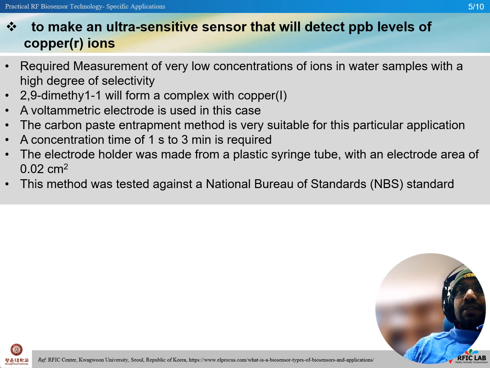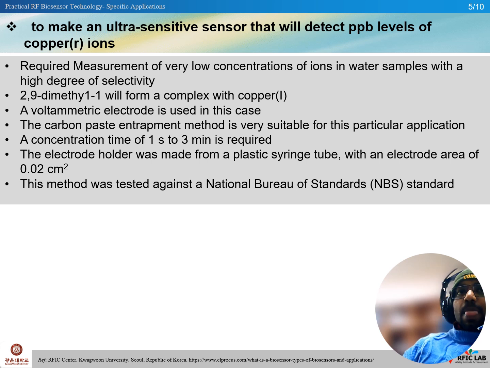To make an ultra sensitive sensor that will detect very low levels of copper ions, we require an agent such as 2,9 dimethyl 1,10 phenanthroline to form a complex with the copper. A voltammetric electrode is used in this case. The carbon paste entrapment method is very suitable for this application, and the concentration time required ranges from 1 second to 3 minutes.